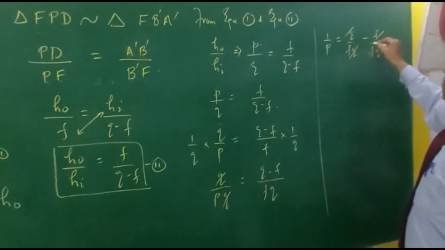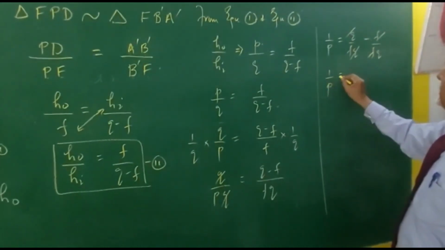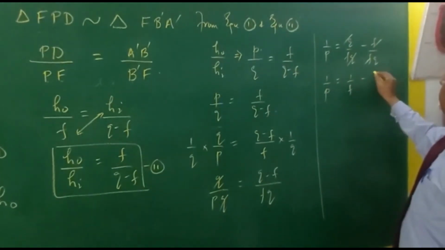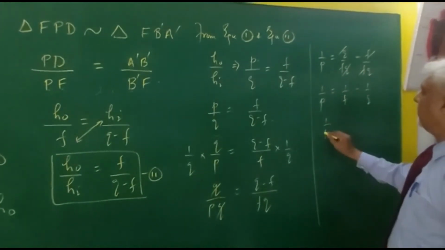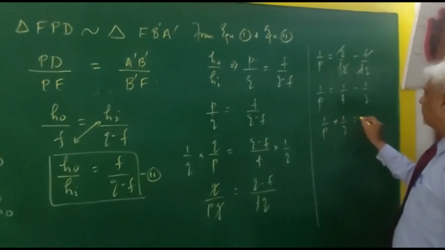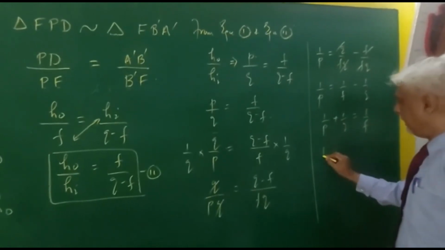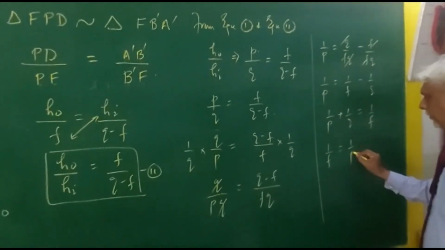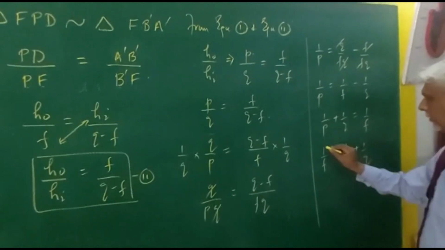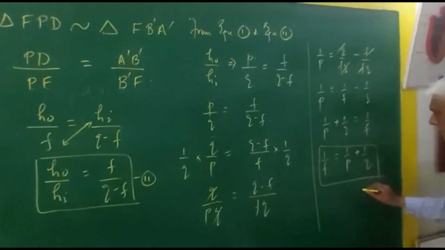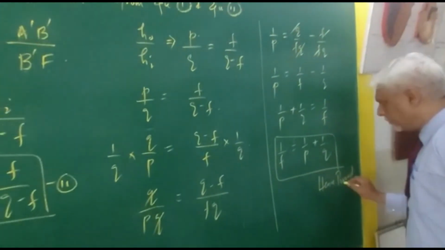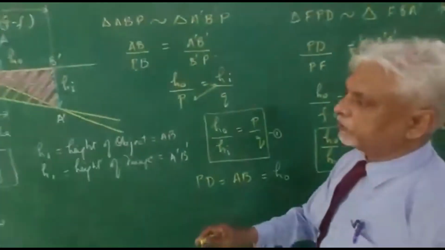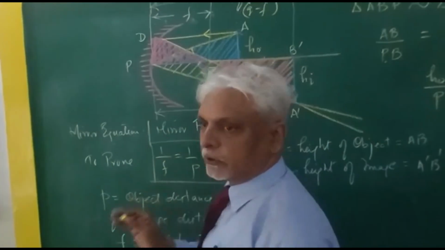Q and Q will cancel, F and F will cancel, so I have 1 upon P is equal to 1 upon F minus 1 upon Q. Or I can bring this to the other side: 1 upon P plus 1 upon Q is equal to 1 upon F. Hence, 1 upon F is equal to 1 upon P plus 1 upon Q. Hence, proved.